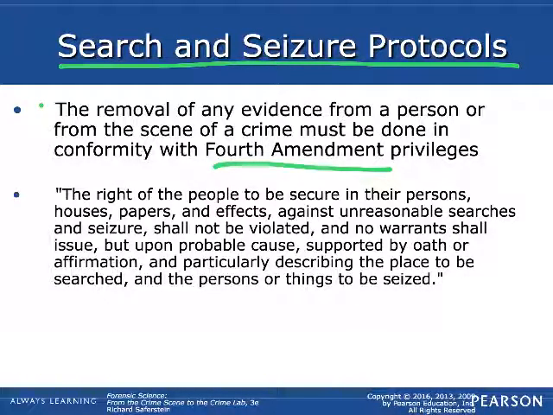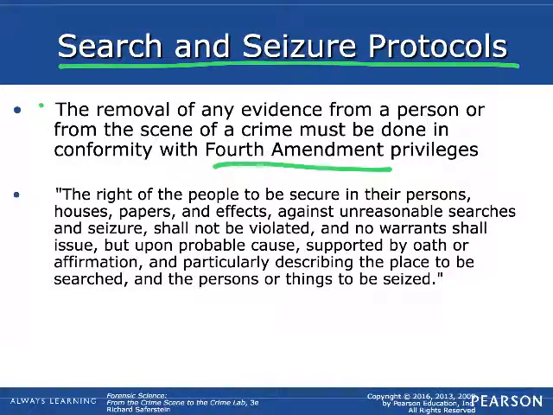The Fourth Amendment says it's the right of the people to be secure in their persons, houses, papers, and effects against unreasonable searches and seizure shall not be violated, and no warrant shall issue but upon probable cause supported by oath or affirmation, and particularly describing the place to be searched and the persons or things to be seized. So they can't unreasonably search you and take things, and you can't do that to a person either.